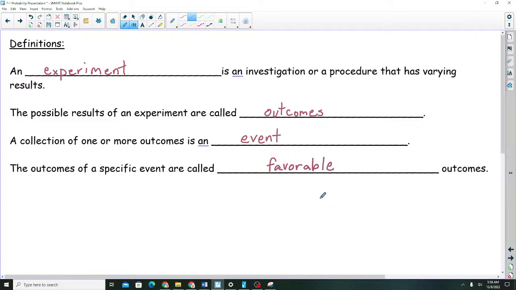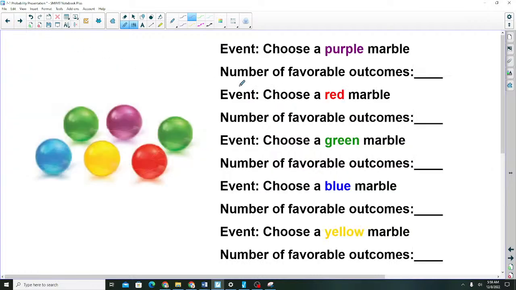These are new words that their definitions should be thought over. I'm going to show you the example of an experiment, and then we're going to talk about the events and the favorable outcomes. So, here's an event. An event, choosing a purple marble. The number of favorable outcomes, there's one, because there's one purple marble.